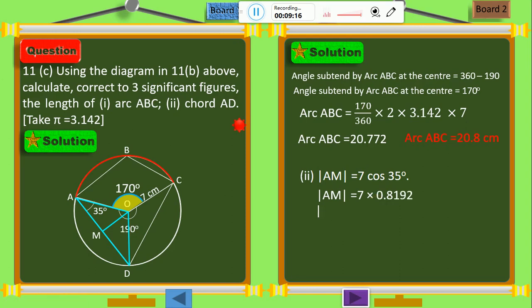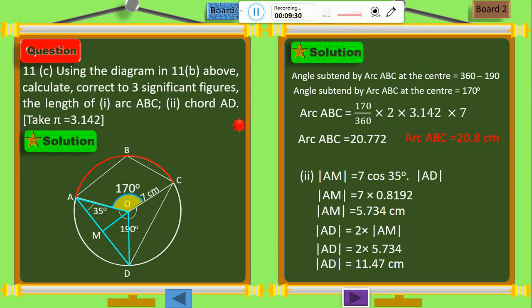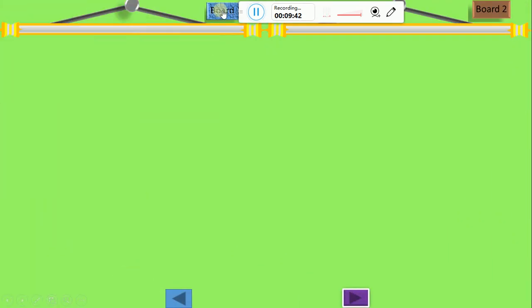Making substitution, we have that as AM. But AD is twice AM. So we multiply 5.734 centimeters by 2. That gives us AD equal to 11.47 centimeters, which finally results to 11.5 centimeters to 3 significant figures. That brings us to the end of question number 11C.